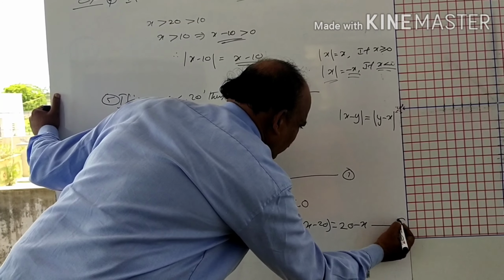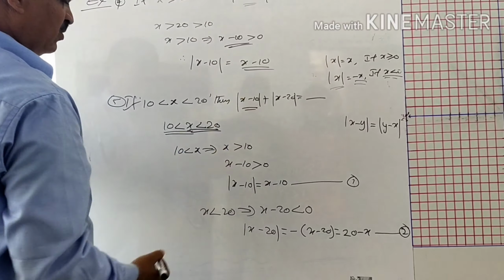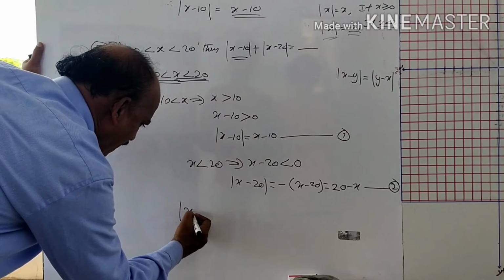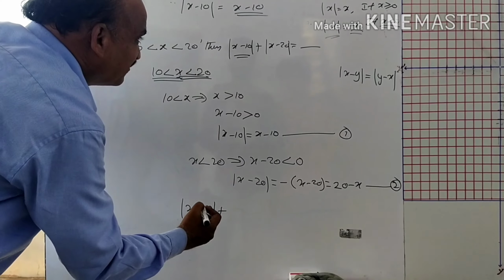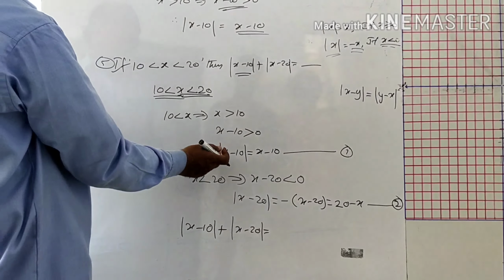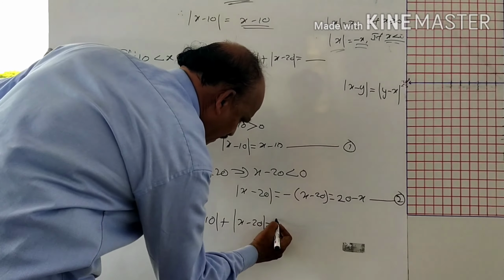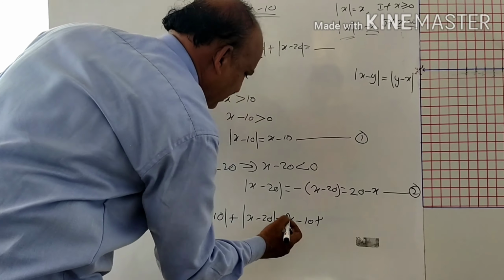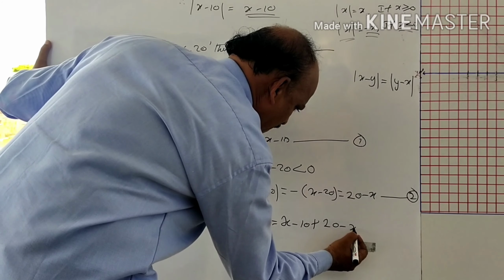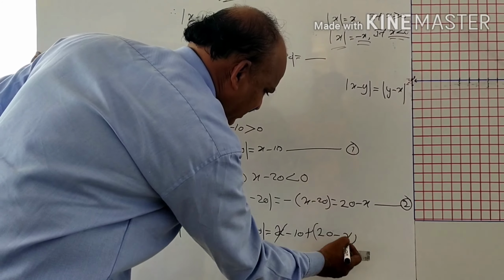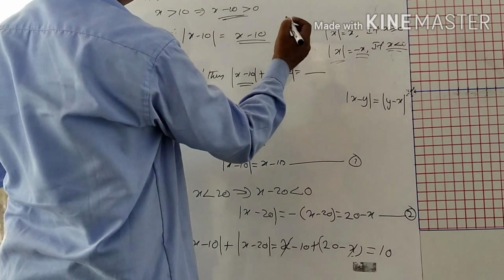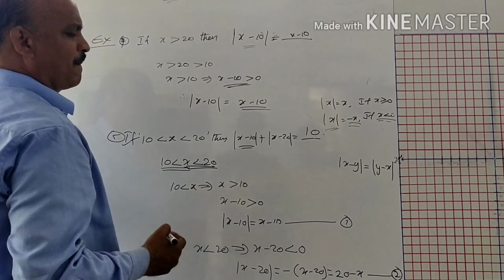It is equation 2. We have to find modulus x minus 10 plus modulus x minus 20. Here, modulus x minus 10 equal to x minus 10 plus modulus x minus 20 equal to 20 minus x. X minus x get cancelled. Minus 10 plus 20 equal to 10. It is 10.